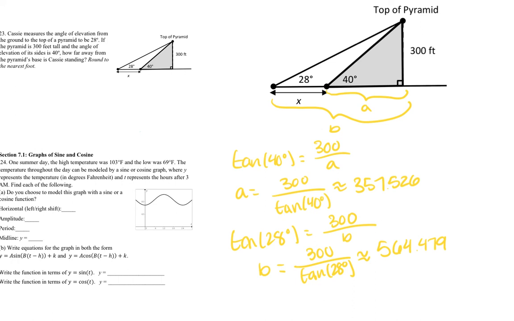If we subtract A from B, so B minus A is going to be x, which is going to give us approximately 207 feet.